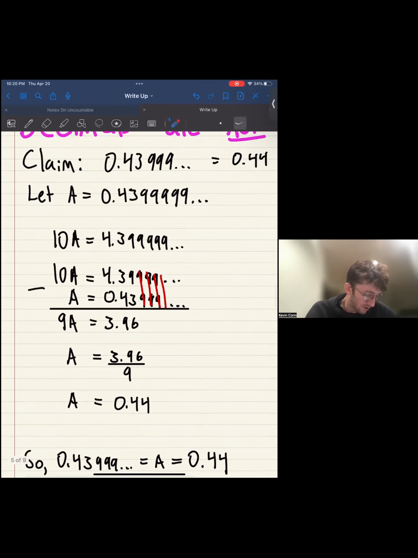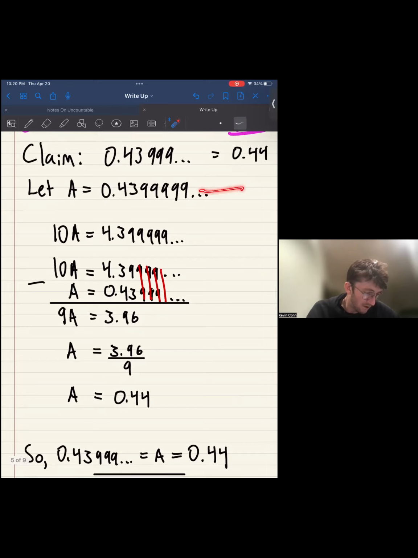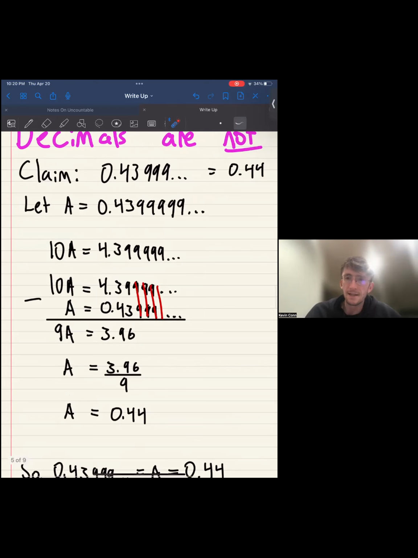So A is equal to 0.44, but then it's also equal to 0.43999 repeating. So that means that my claim was right, and that this repeating 9 at the end of a decimal is the same as rounding it up.